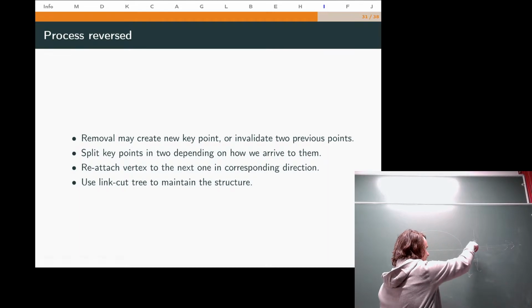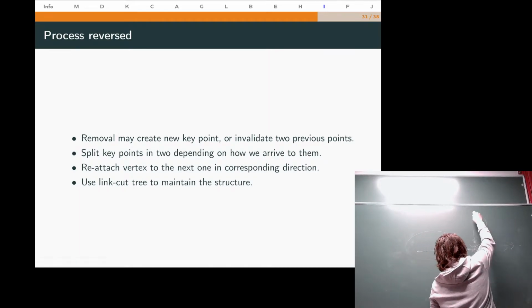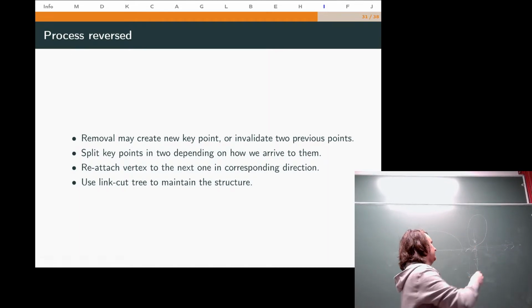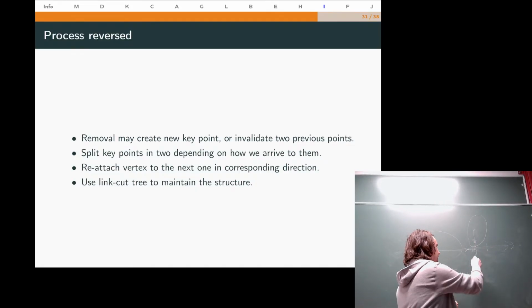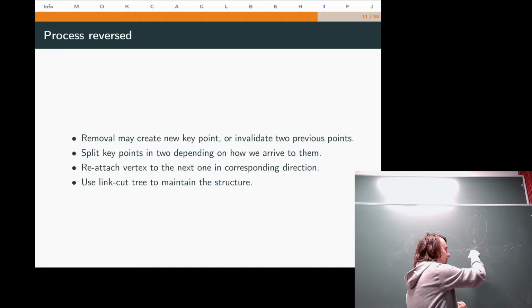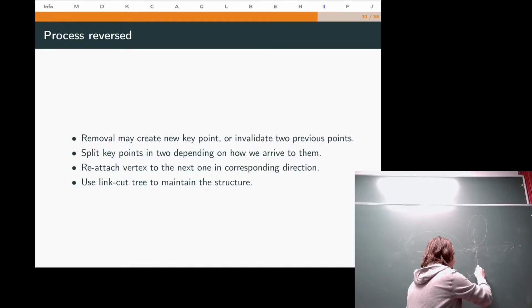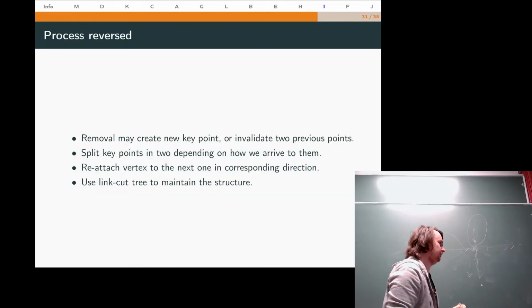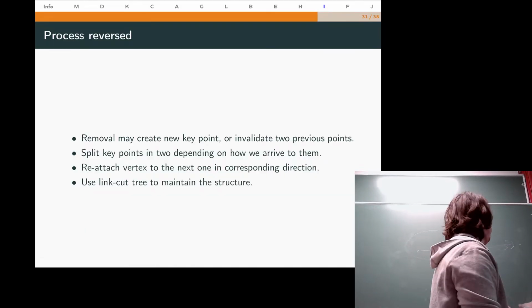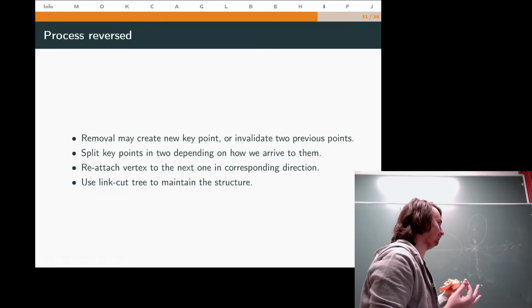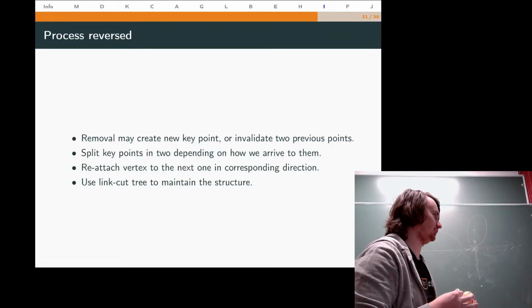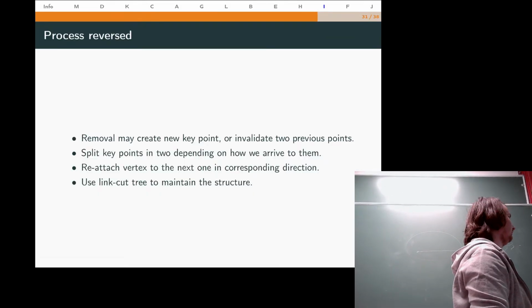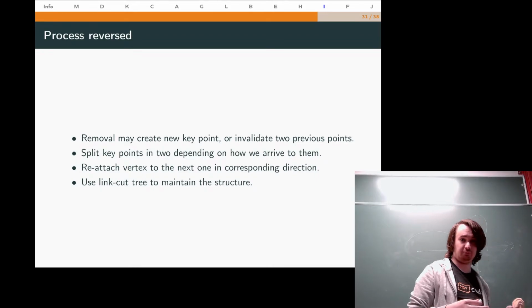And correspondingly, for the down direction, we take the tree that is rooted somewhere here in the subtree, we remove it from this point, and we reattach the tree to the key point that will be next in this direction later on. So, and we use a link-cut tree to maintain all the stuff. And as I understand, these are somewhat standard operations on the link-cut tree, and then this solves the problem I.